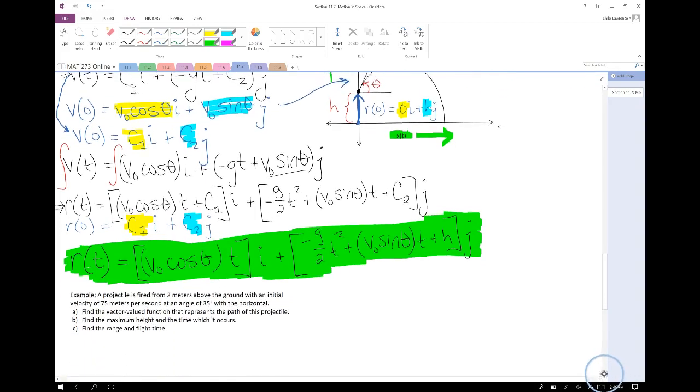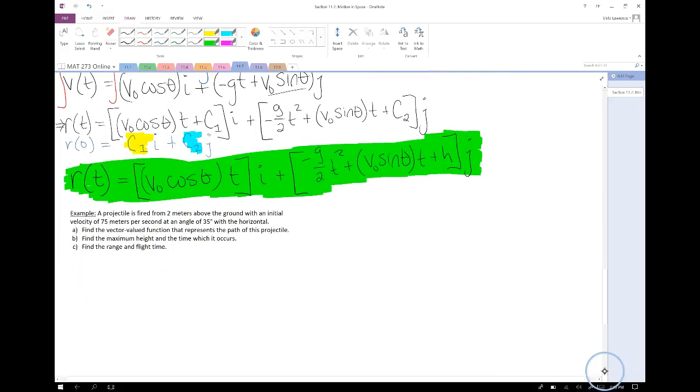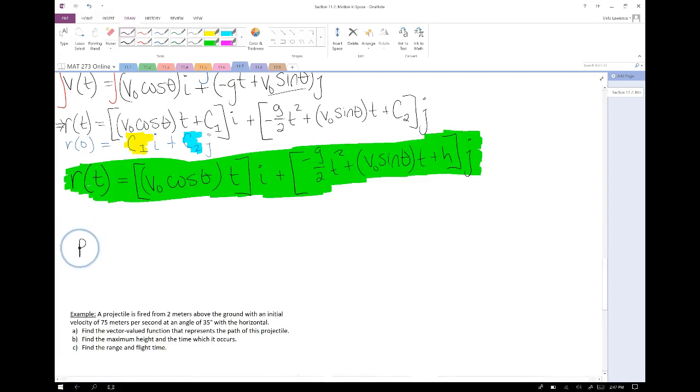So it's also common for us to break these apart and work with them as parametric equations and say x of t is v sub 0 cosine theta t.